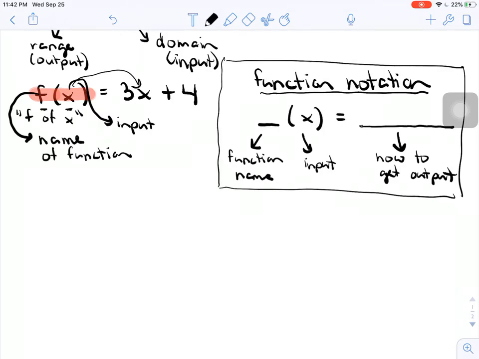So maybe I might be asked to calculate something like this. If I'm asked to find f of 2, what this is telling me is to use an input of 2 in function f.